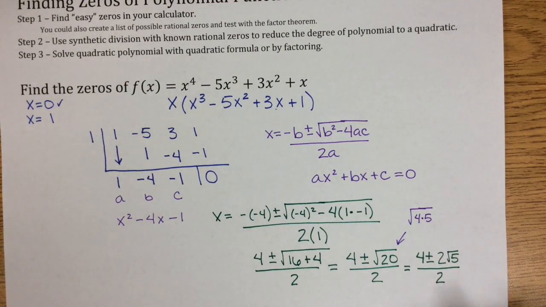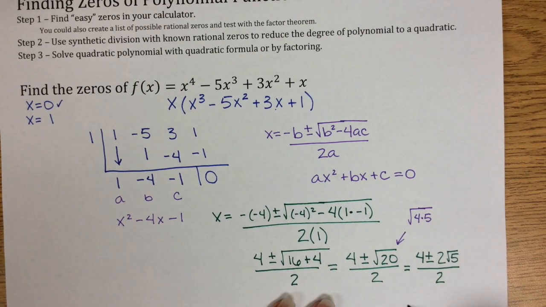And now you're ready to reduce. This 2 on the denominator goes with both of these terms. So the only way you can reduce or simplify is that all of them are divisible by a single number. And the 4 and the 2 are both divisible by 2.